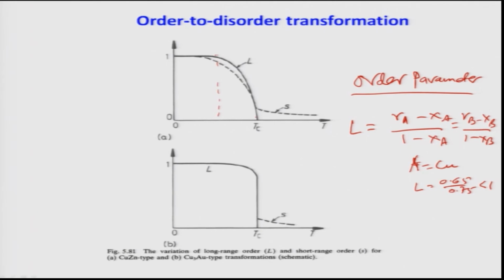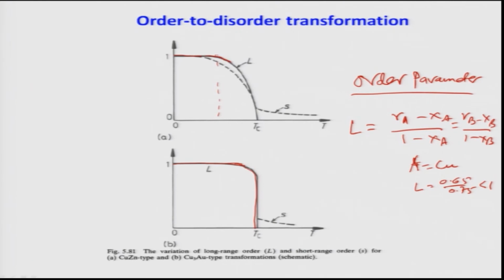On the other hand, in the case of Cu-Zn, it happens differently. In Cu3Au it happens exactly like this: the order parameter maintains a value very close to one until very close to Tc, and then at Tc it drops off drastically. But in the case of copper zinc, which is a B2 ordered structure, the order parameter slowly decreases.